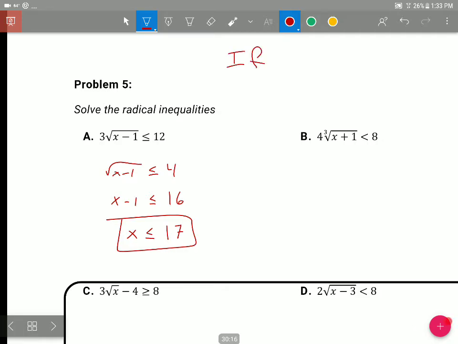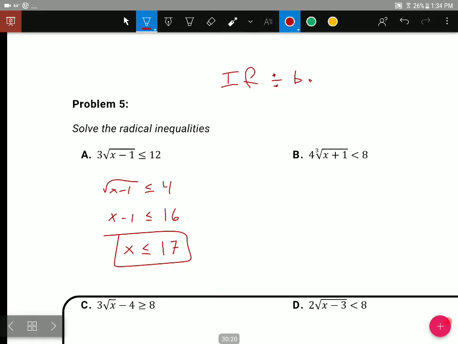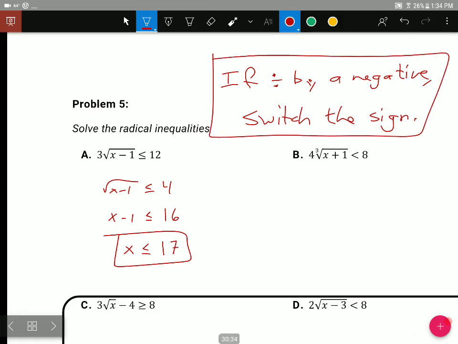If you divide by a negative, what? Good. If you divide by a negative, switch the sign. That is true for all inequalities. That's one of the few rules that never gets broken. All right? If you divide by a negative, you have to flip the inequality. Just what it is. Cool?